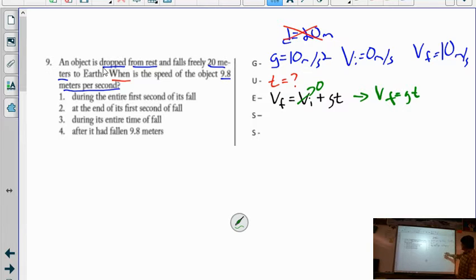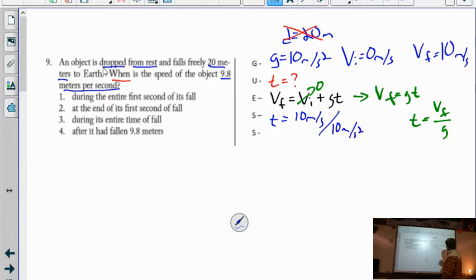And then I'm going to manipulate this formula to solve for T. So I would say T is equal to VF divided by G. Okay. When I substitute in, I'm going to have T equals, and my VF was 10 meters per second divided by gravity, which is 10 meters per second squared. And so when I solve this, I'm going to get T equals 1 second, and that is my answer.